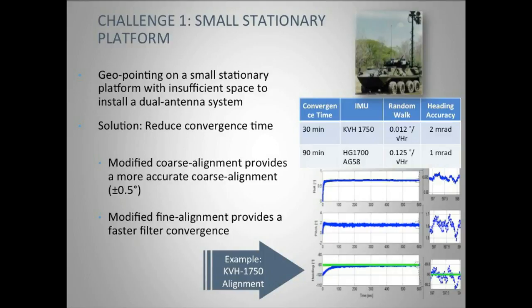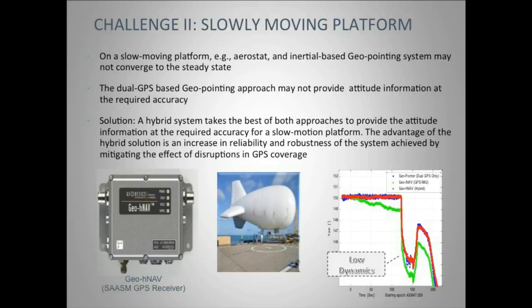The next challenging environment that I'm going to address is a slowly moving platform. So here we have an aerostat. These are sort of balloons that hover over environments. They have sensors on them, and they're looking for intelligence, surveillance, and reconnaissance applications for various things in the environment.